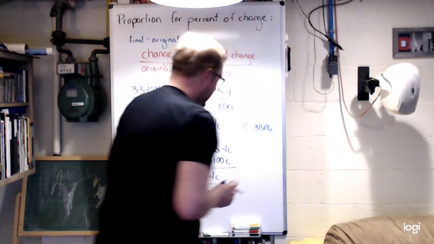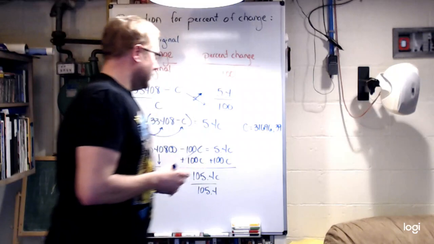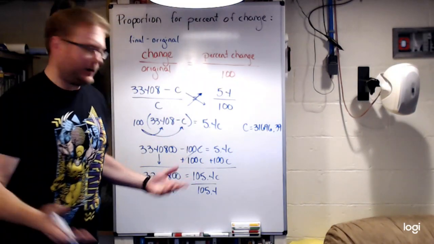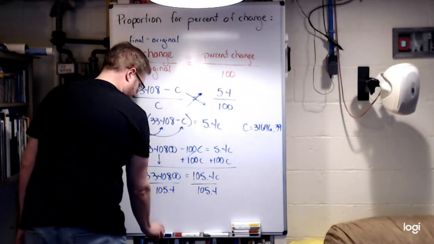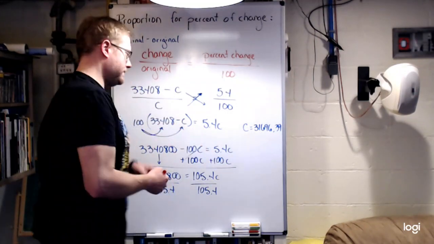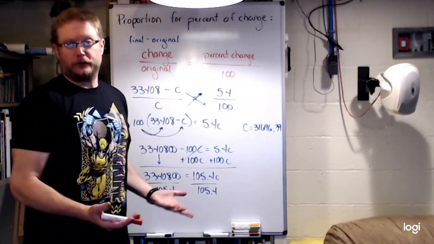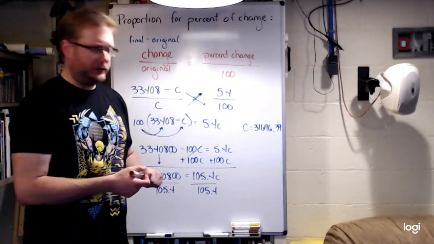So $31,696, and what was the decimal again? 39. Okay, so let's write it out in a sentence. And I'm going to have to cram this sentence on the board in this little area right here. But the question was, what was the original cost per year to go to Northwestern University?